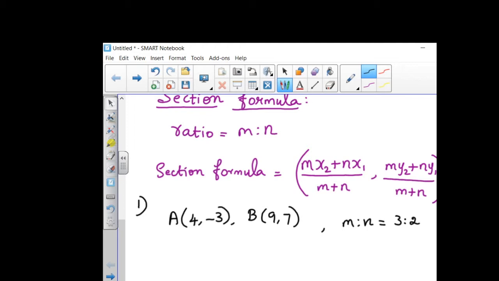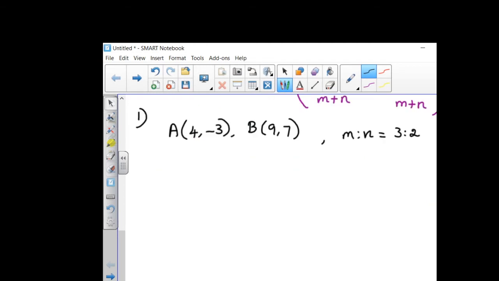Now we are going to find the point. First you can draw a line. This is the point A and this is the point B. A point is 4, minus 3 and B point is 9, 7.